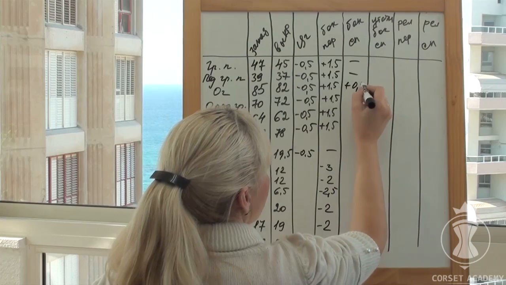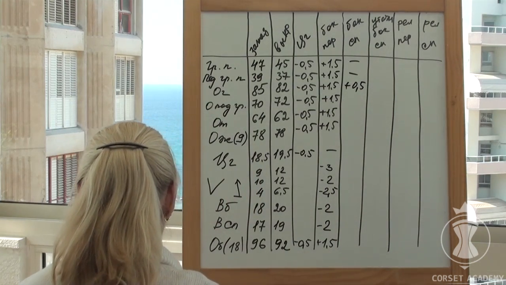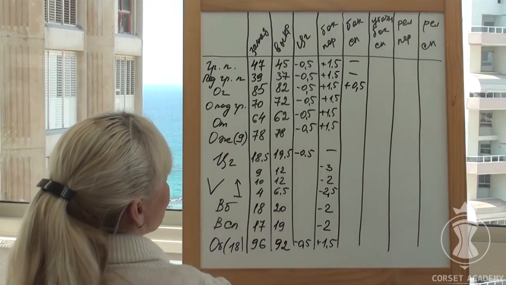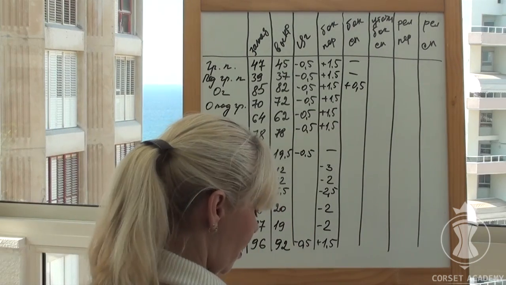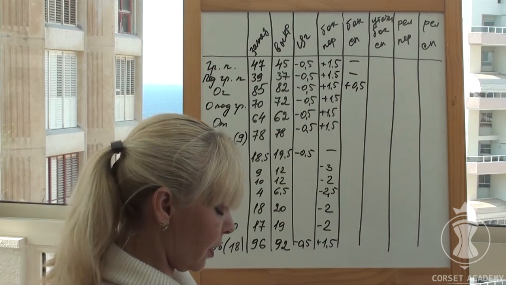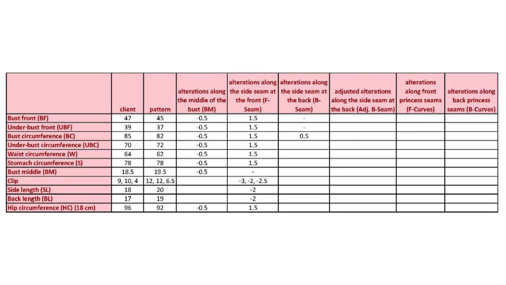Thus, 82 centimeters plus 2 centimeters equals 84 centimeters. 84 centimeters minus 85 centimeters equals -1 centimeter. This is what our pattern lacks, and therefore, we need to add a half of this value, or 0.5 centimeters, to its bust circumference. I write it into the table, column 6, line 3.